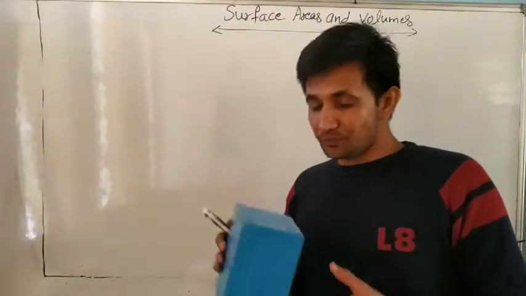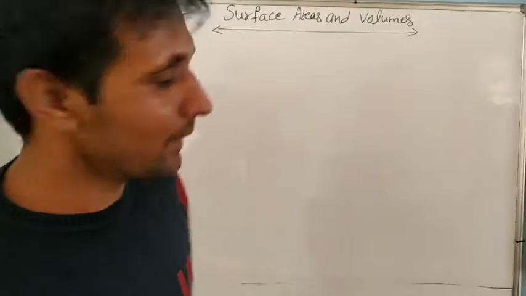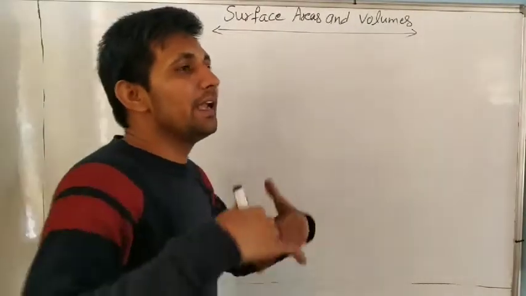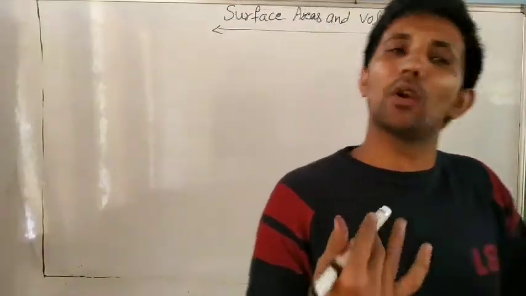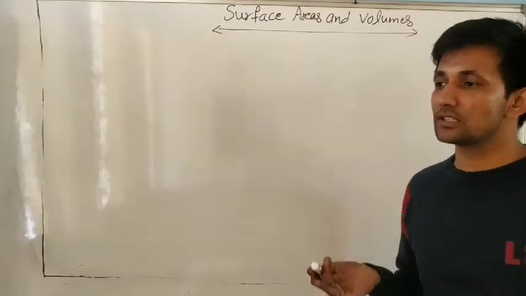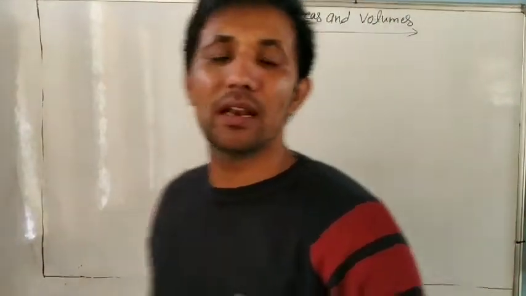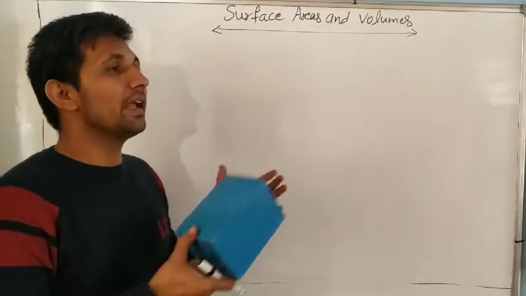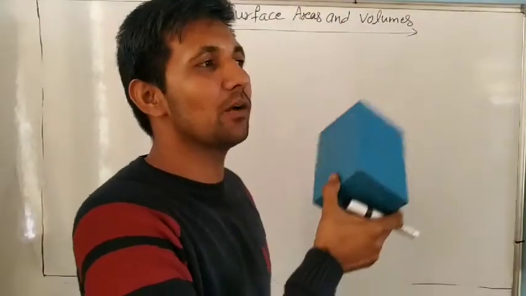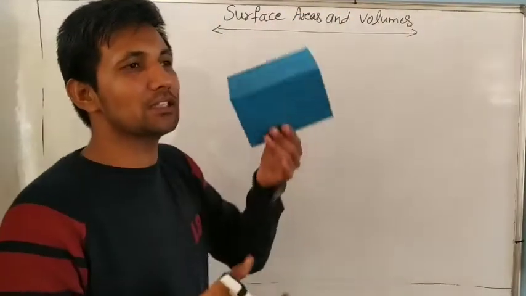Now the area of a rectangle and the area of a square we already know from the previous class. In the same way, we will learn how to find the surface area of a 3D object.